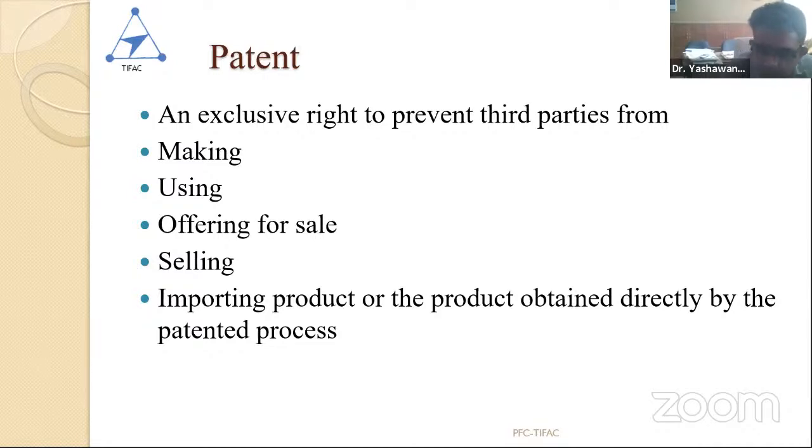And now in your patent craft here, if there is a mismatch between the claims and the description which you have given in the patent document, that would be questioned by the patent office.